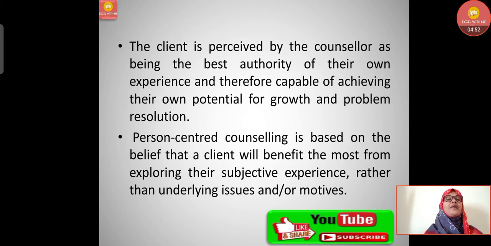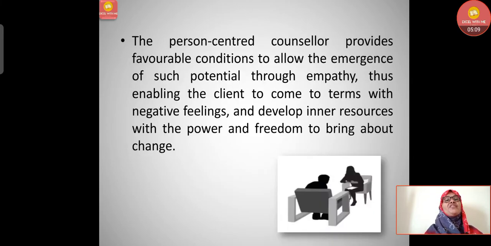Person-centered counseling is based on the belief that a client will benefit the most from exploring their subjective experience rather than underlying issues or motive. So whatever subjective experiences they have, according to that, this counseling will be beneficial.